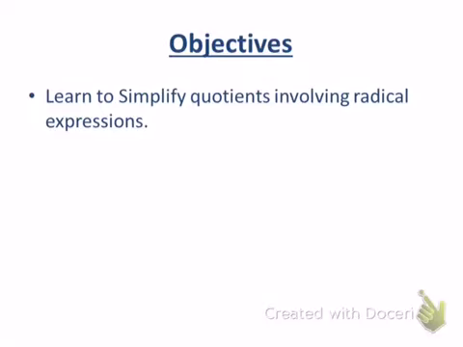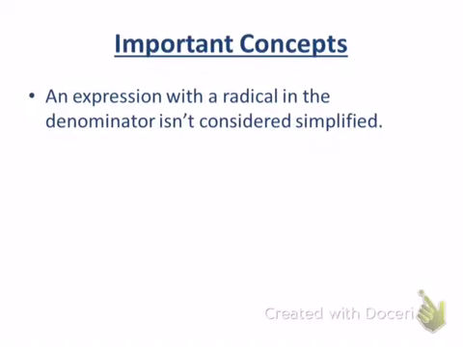It's a skill, all right, and it's a skill that's again directed at making sure that everybody arrives at the same answer, same form of the same answer. Okay, so simplifying quotients involving radical expressions, we're dividing radical expressions is what we're going to be doing today.